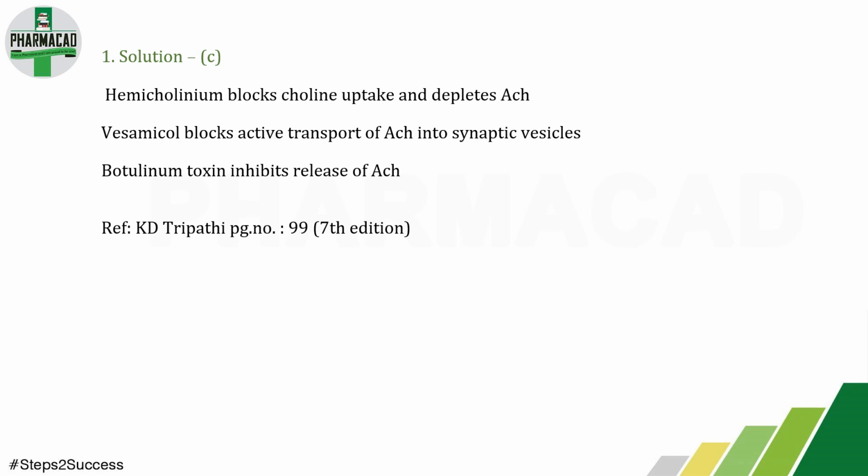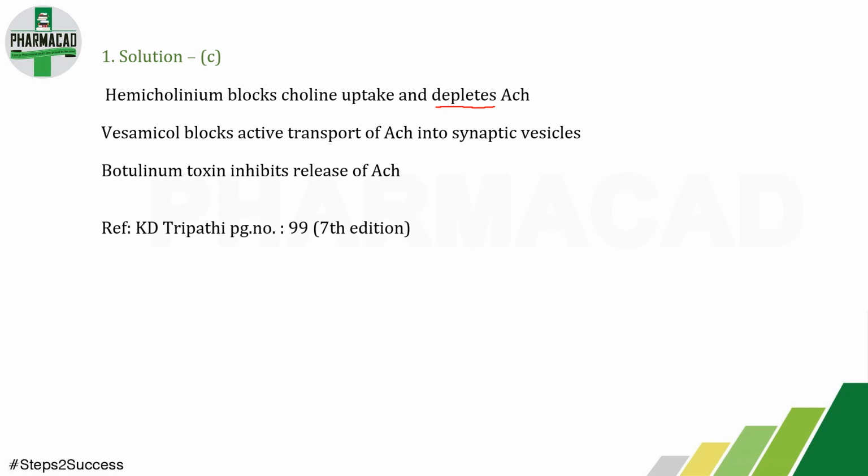So how is P a false statement? They have said hemicholinium prevents the release of acetylcholine from storage vesicles. However, we should know that hemicholinium blocks the choline uptake and depletes the acetylcholine amount in our vesicles.